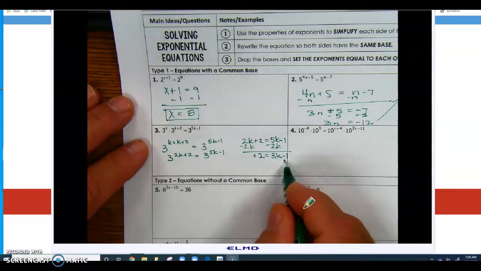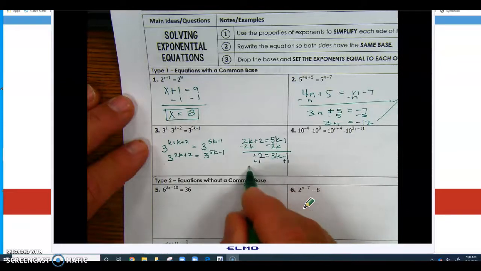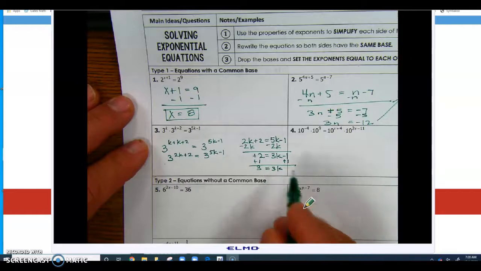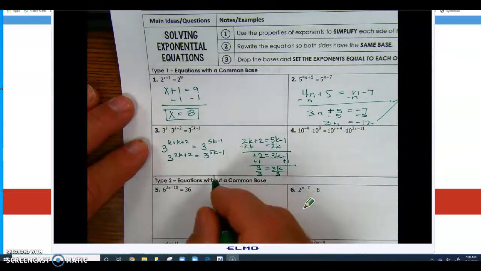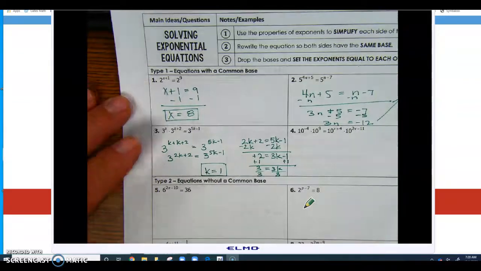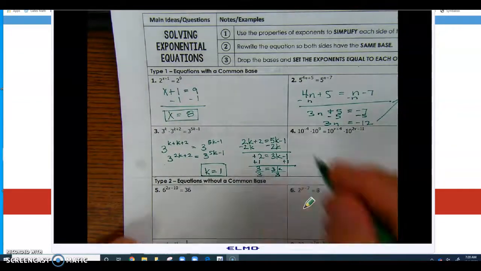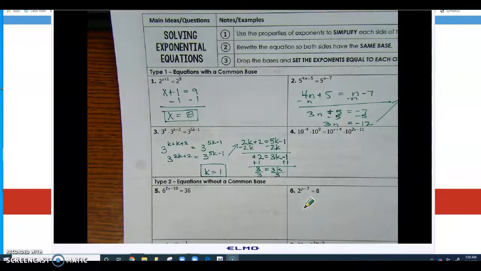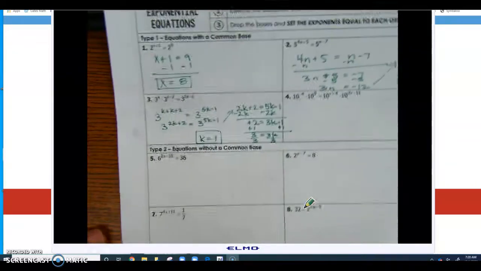Now I got to add 1 to both sides. 3 equals 3k. Now divide both sides by 3. k equals 1. Okay. All right, so I'll skip 4.